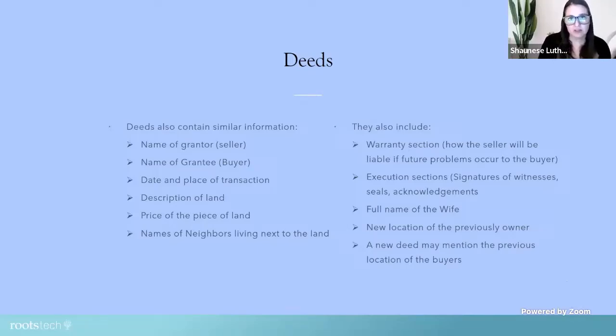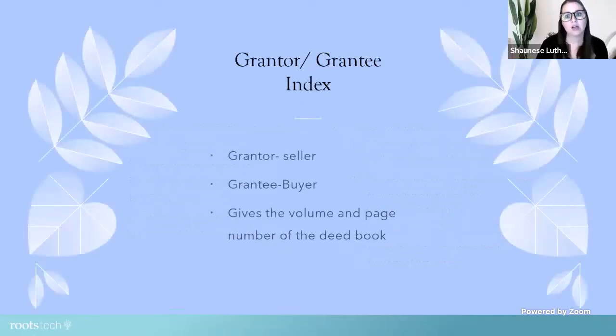So after we have our deeds, we then have our grantor and grantee index. So as I mentioned before, the grantor is the seller, the grantee is the buyer. The grantor and grantee index is just the index, will give you the volume and the page number for the deed book. So to find the deed, you'll go to your grantor and grantee index, find either or, because they will both be listed.